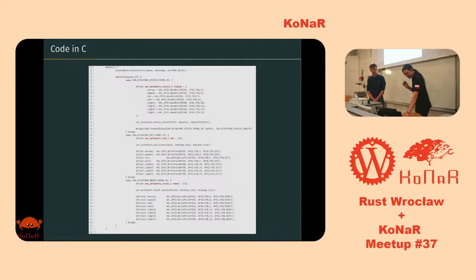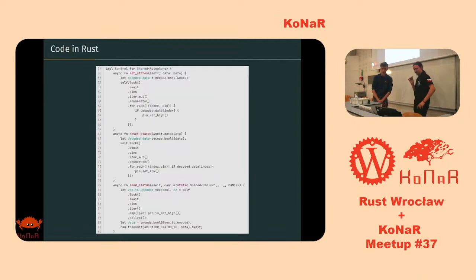And in Rust, we can pretty much simplify all of that code to a few lines, and to be exact, it's one line. But only the formatter separated it into several lines.